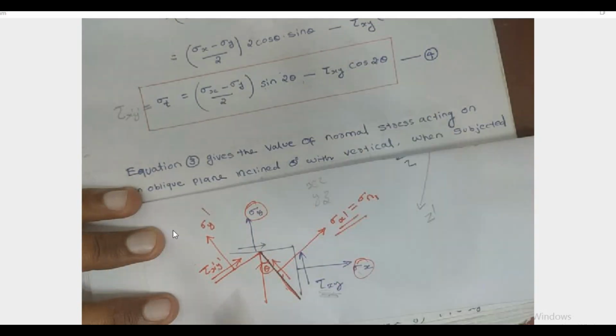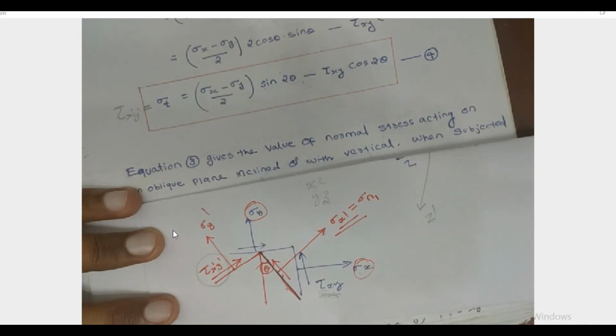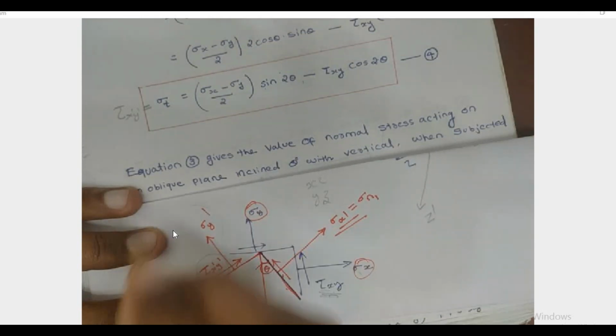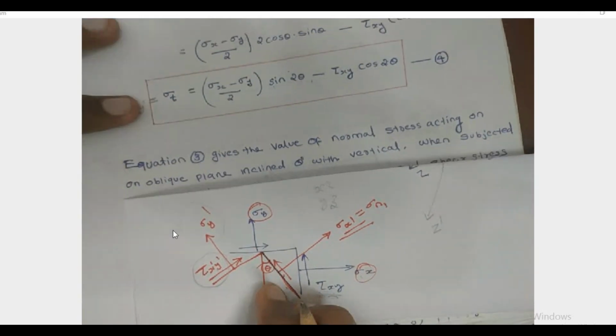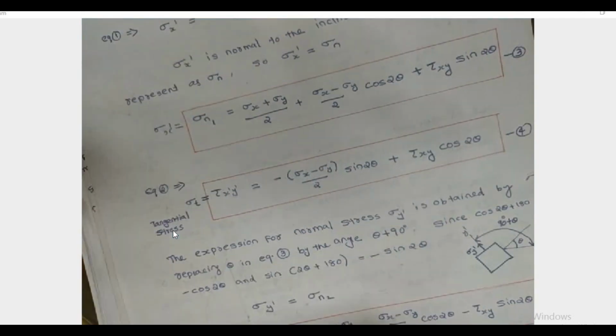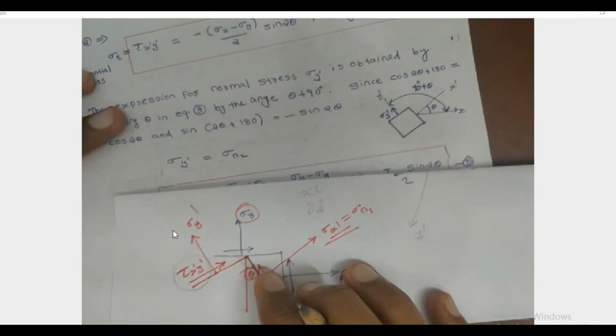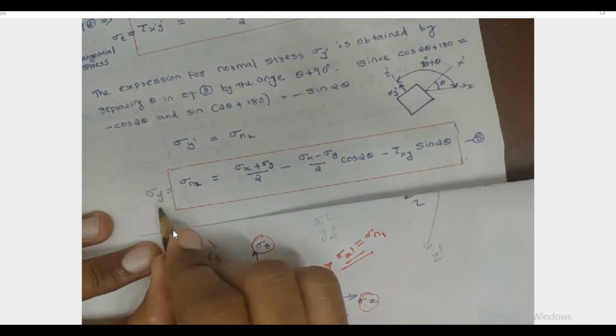That is the equation to calculate tau x dash y dash, the shear stress on this oriented plane. The next one is the other normal stress, sigma y dash. To calculate sigma y dash, this is the formula.